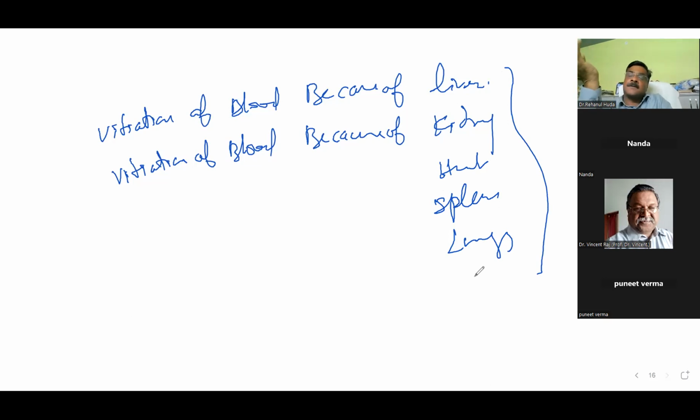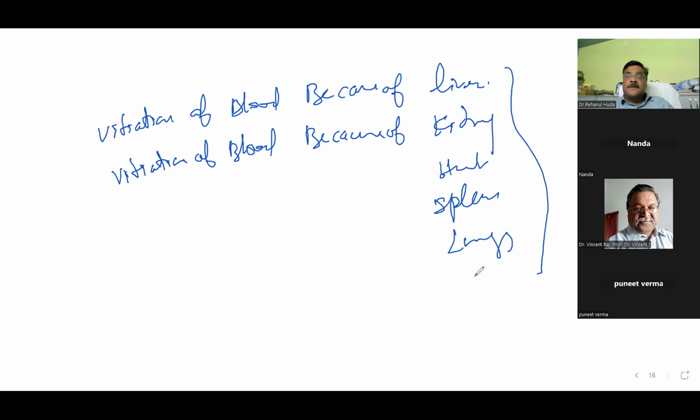Because vitiation is the common thing. If PTOT is more, it is the vitiation. But this vitiation is because of the liver. If creatinine or urea is more, it is also a vitiation. But this vitiation is because of the kidney. So, by using this concept, we will try to find out what kind of vitiation is there.